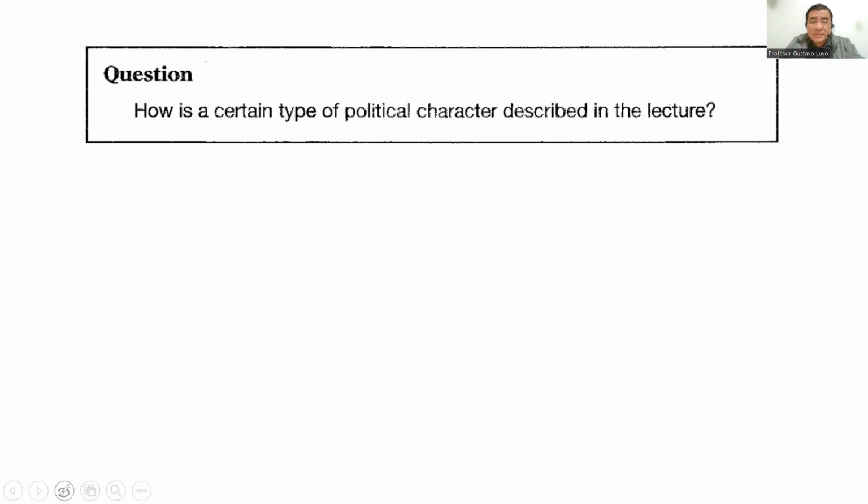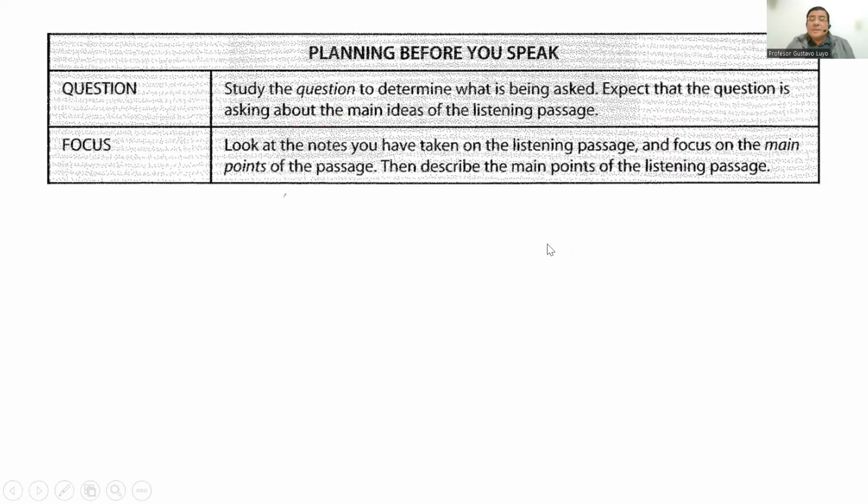Here you can see this information, it talks about the type of political character described. So they're asking you about that. And now with the aid of your notes, you focus on the main points and describe them in your response.